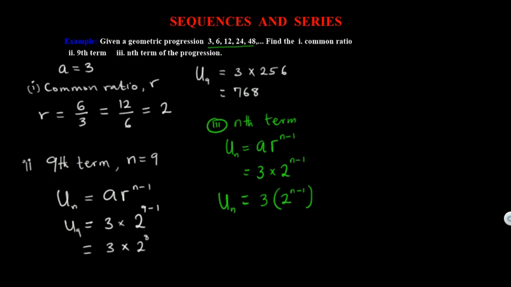So we observe that arithmetic progression involves addition and subtraction. You add a common value or you subtract a common value. For geometric progression, it involves multiplication or division. You multiply each term by a common ratio, or you divide each term by a common ratio to get the successive term.